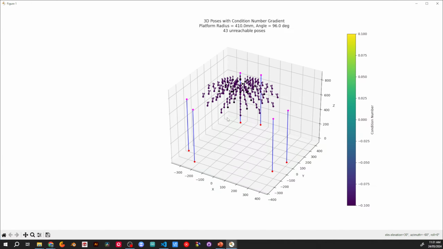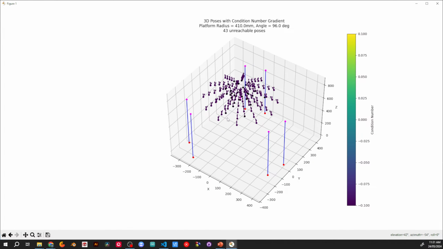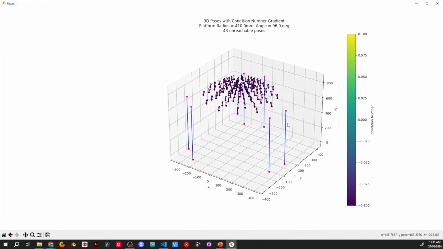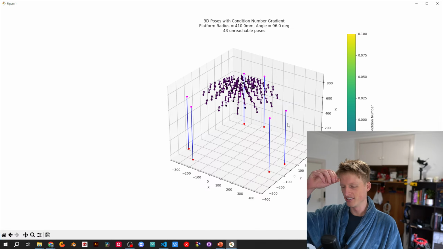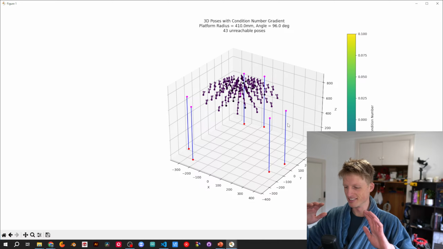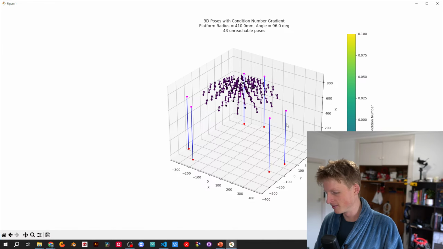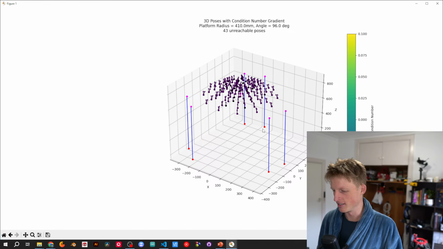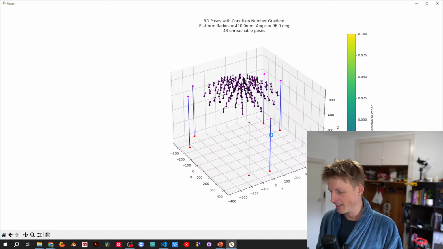We have the geometry that I showed before, where all of the legs are perfectly straight up and down. In this geometry, we have a singular orientation, where, as we saw in my second YouTube video, this whole thing just falls apart. This is a pretty bad Stewart platform layout.